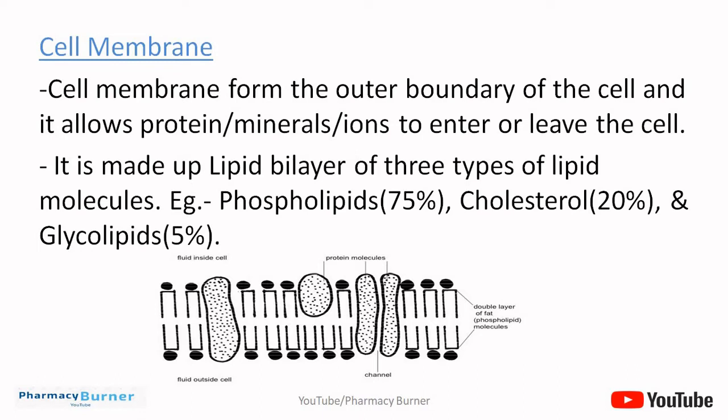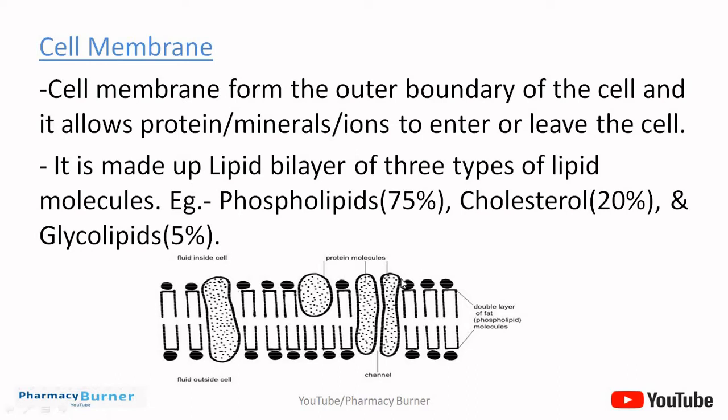So first we're going to cover the cell membrane. The cell membrane forms the outer boundary of the cell, and it allows proteins, minerals, and ions to enter or leave the cell. It is made up of a lipid bilayer of three types of lipid molecules. First is phospholipid, which is 75% of the membrane, cholesterol, which is 20%, and glycolipid, which is 5%.